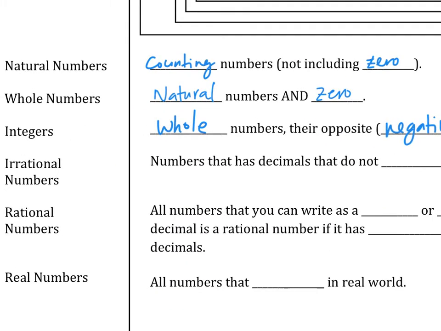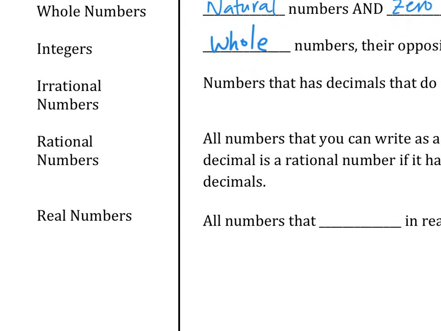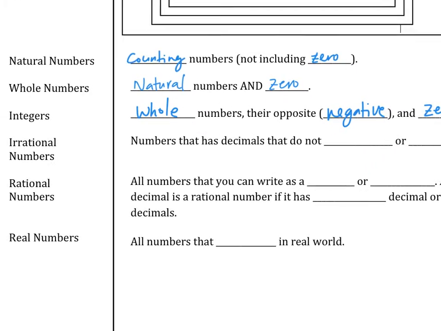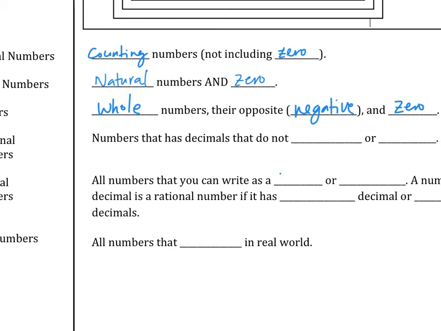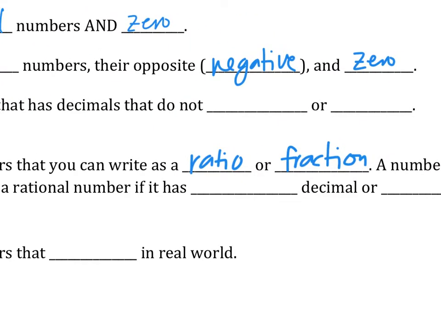All right, so let's write down here. Rational numbers: all numbers that you can write as a ratio or fraction. A number with a decimal, so if you have no idea if the decimal can be a fraction, then you check. Does it have a repeating decimal?